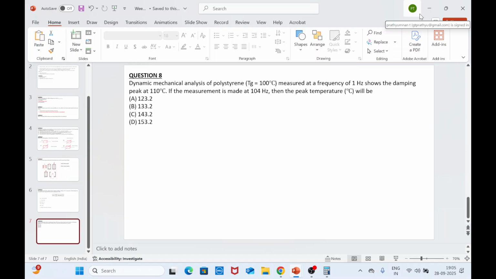So how to go about solving this? We have actually solved this kind of question, one or two, I think one question we have solved for this.